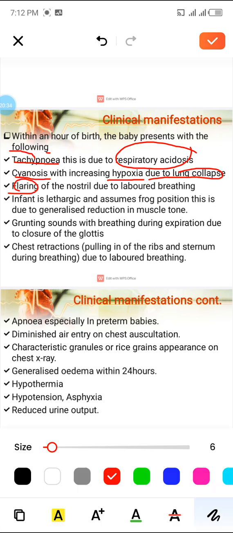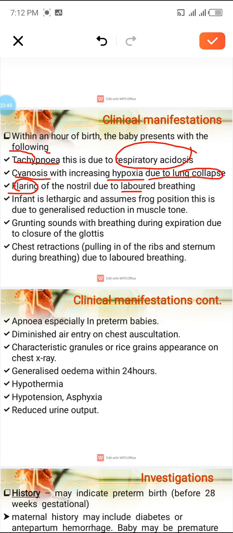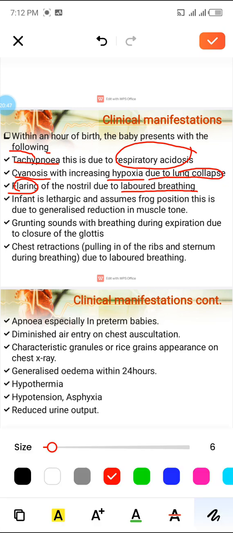Flaring of the nose is when the nostrils are opening and closing, like they're flapping. Why would the nostrils flare? It's because of labored breathing. We know that labored breathing is as a result of a reduction in oxygen, an increase in carbon dioxide, then atelectasis. So labored breathing will come in.